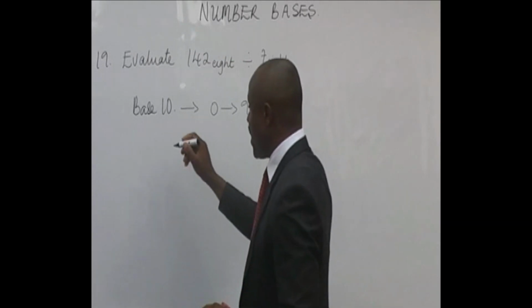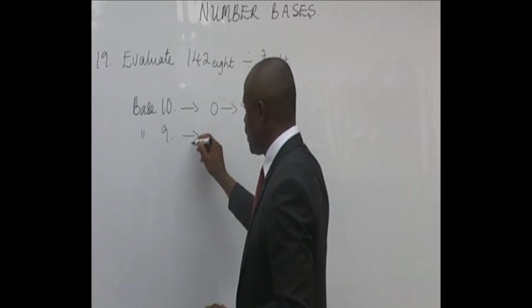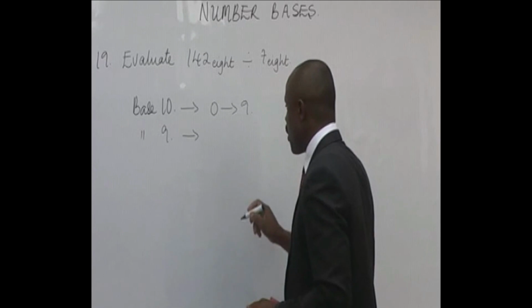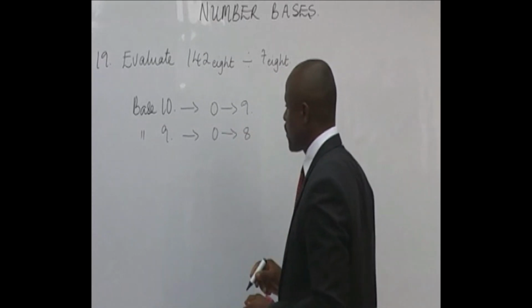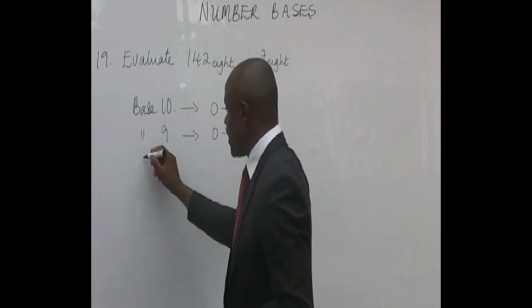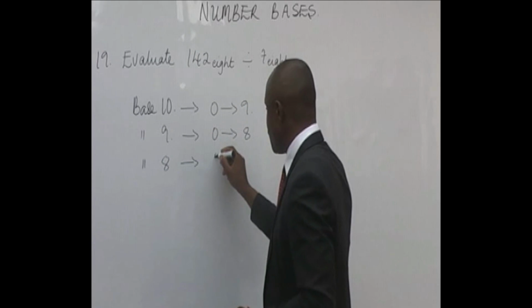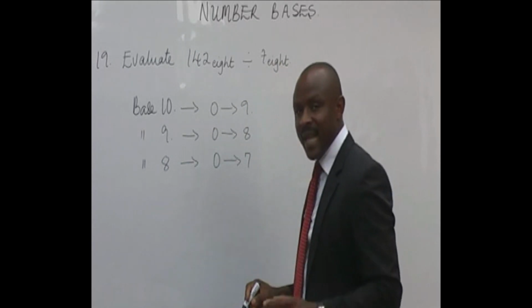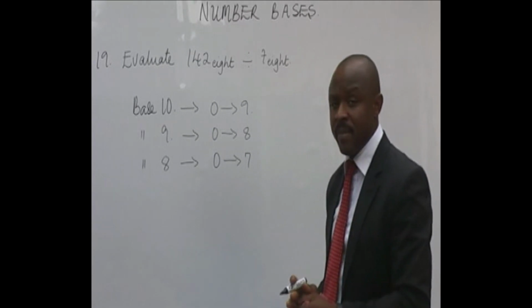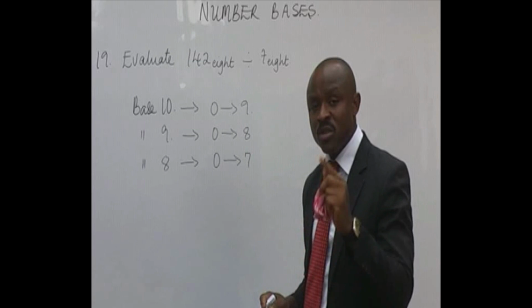If you are dealing with base 9, for instance, the values you are going to get are between 0 and 8. If you are dealing with base 8, the values you get will be between 0 and 7. It is like that till base 2. There is nothing like base 1. If it is base 2, the values you get will be between 0 and 1.